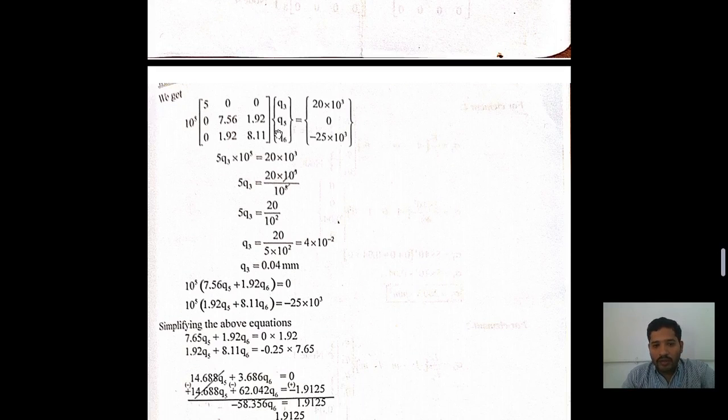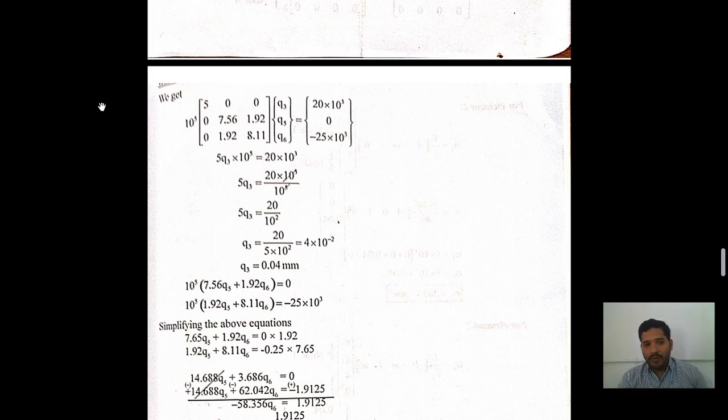Again the same concept we need to follow here for the Q5 as well as for the Q6. This 10 power of 5 as it is, 0 into Q3 becomes 0, plus 7.56 into Q5 plus 1.92 into Q6 equal to 0.